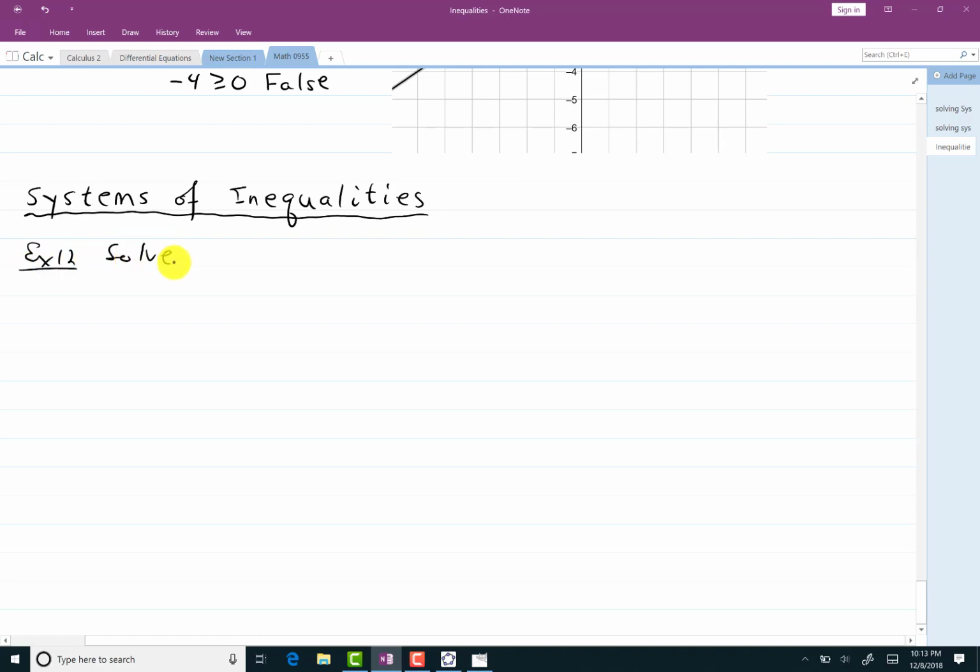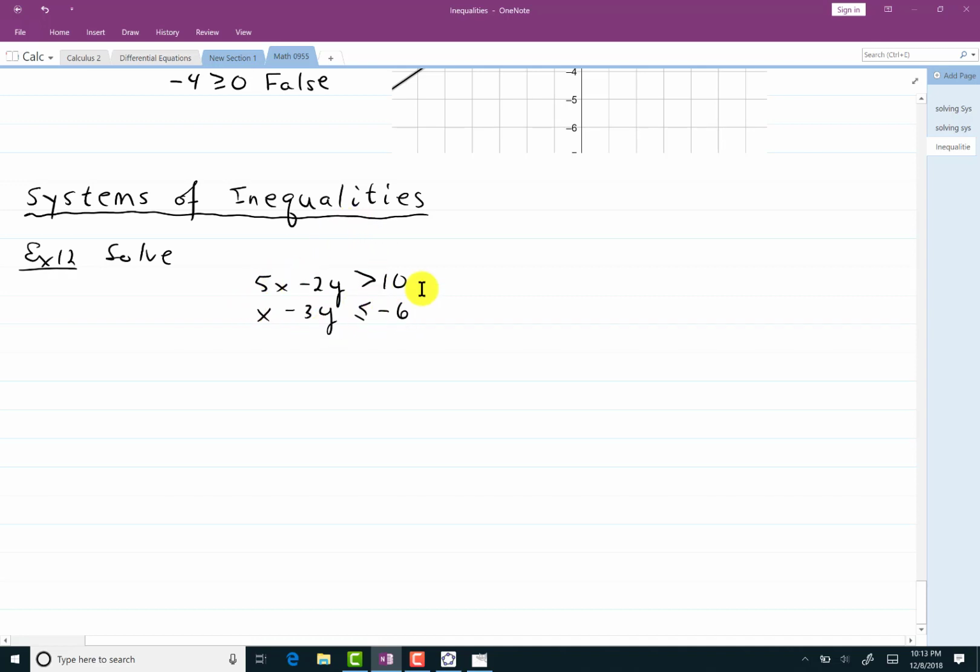When I say solve for these type of inequalities, I mean graph the solution set. So I have 5x minus 2y is greater than 10, and then I have x minus 3y is less than or equal to negative 6.